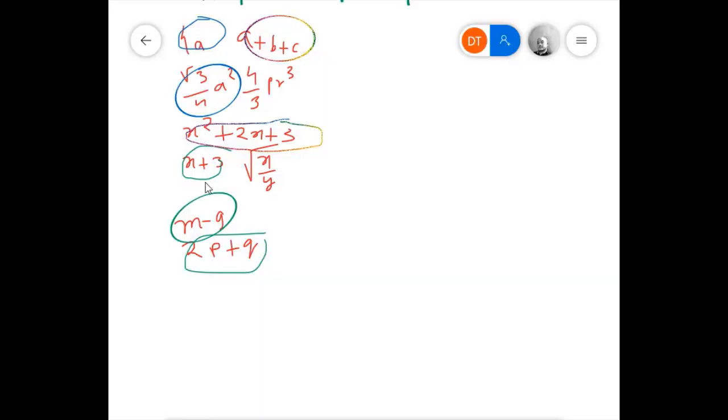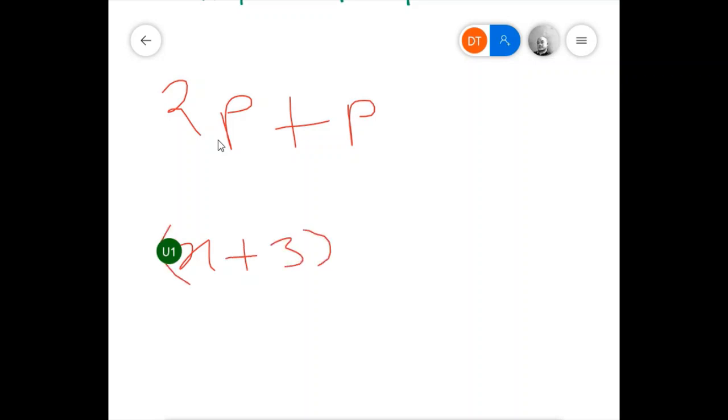Okay, now look at some more examples. Let's see. Let me rub this first. Okay, now suppose we take the expression as 2p plus p and x plus 3 whole square and x minus y whole square, suppose.